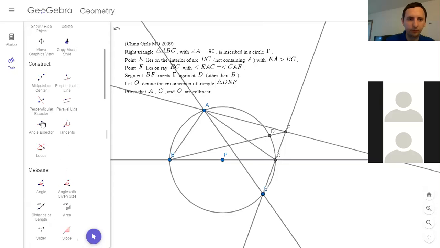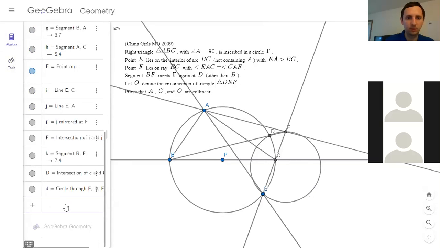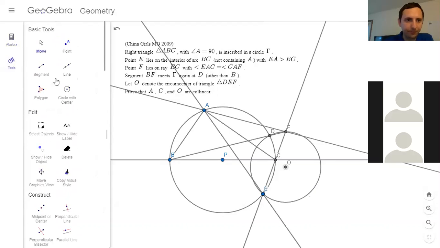Okay, so I'm going to draw that circle. So O is the center of it. And we want to show that AC and O are collinear.